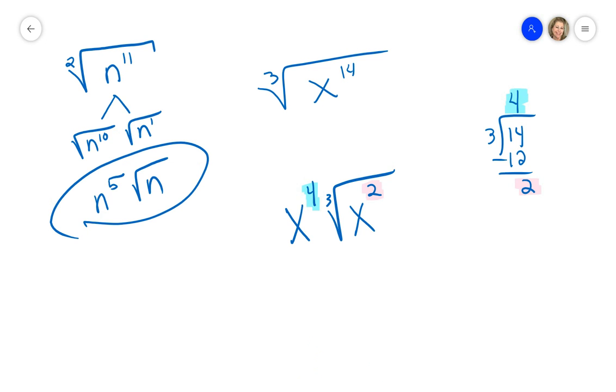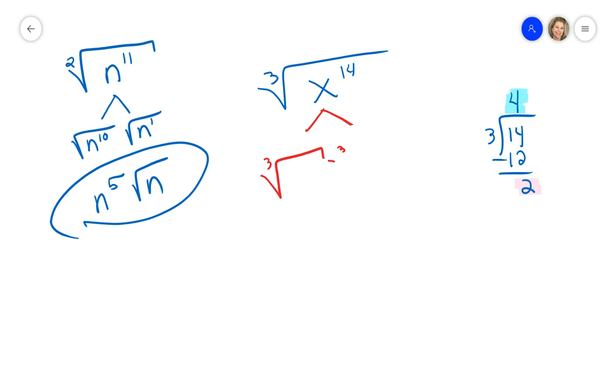Because if you want to take a cubed root of an exponent, the number has to be divisible by 3. So if you wanted to break it down instead, like this, erase this, I would have to break this down to be 2 different cubed roots, both with x's, but the first one would have to have an exponent that 3 goes into, which would be 12.